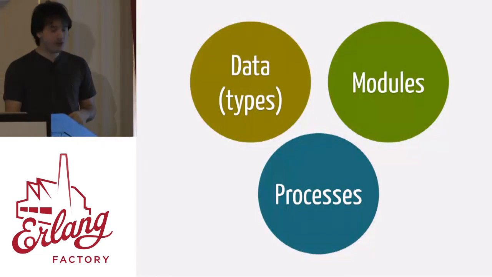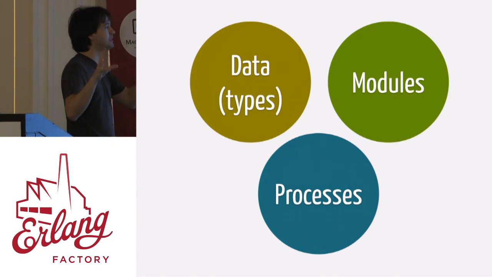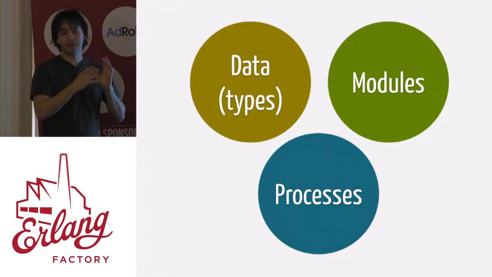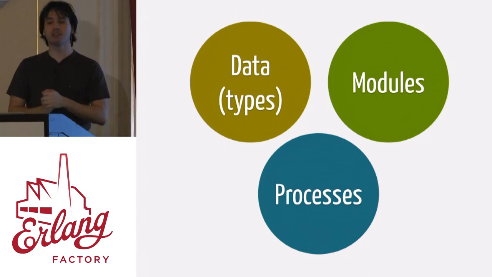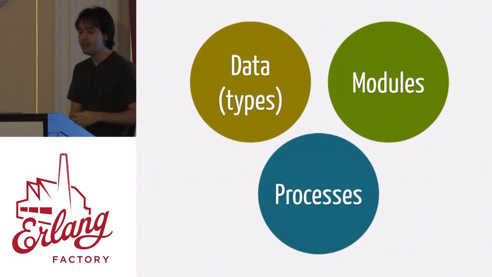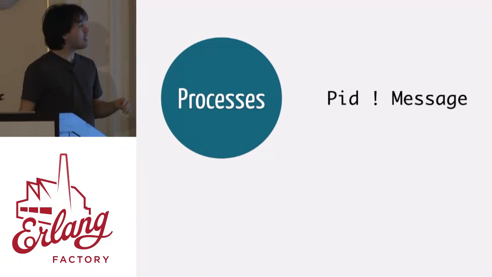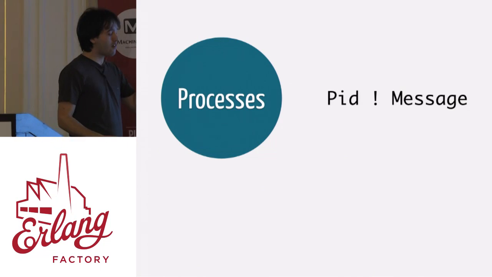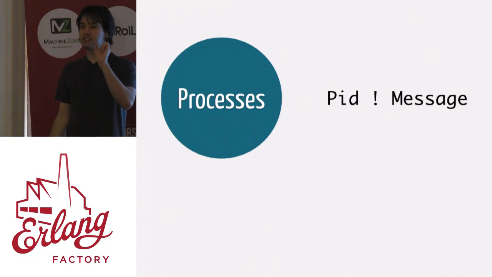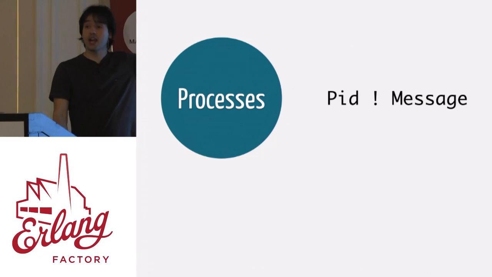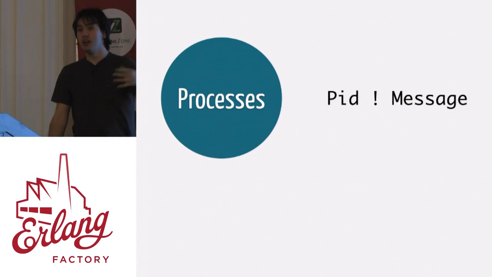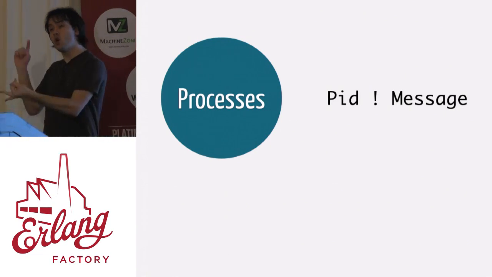So if we go back to our 3 entities that we were talking about, right? Data types, modules, and processes. We have polymorphism with modules and processes, but we don't have it for data types. And what this means is this. We can write this code in Erlang. If I have processes, I can say I have a process identifier, and I want to send it a message. And we don't care what that process identifier is. We don't care which code it's running, who started it.